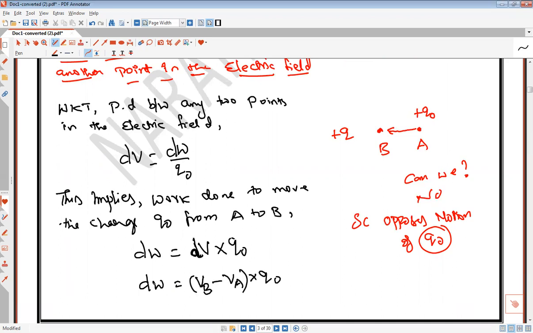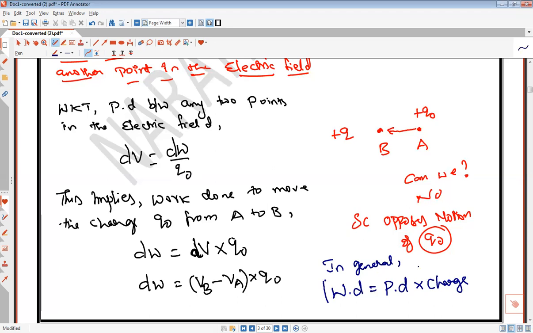So in general, we can write work done to move a charge from one point to another point in the electric field: work done is equal to potential difference into charge moved.